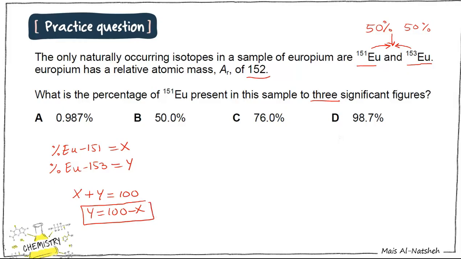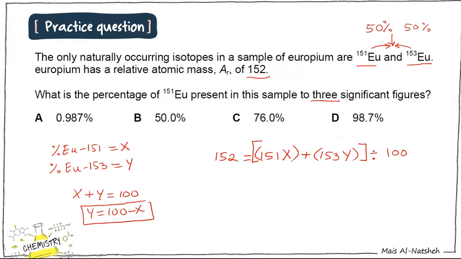Now, to find the relative atomic mass, which is 152, we multiply the mass of each isotope times its abundance. So for the first one, it is 151 times X plus 153, the mass of the second isotope, times Y, its abundance, as we just assumed. Divide it over the total abundances, which is 100.